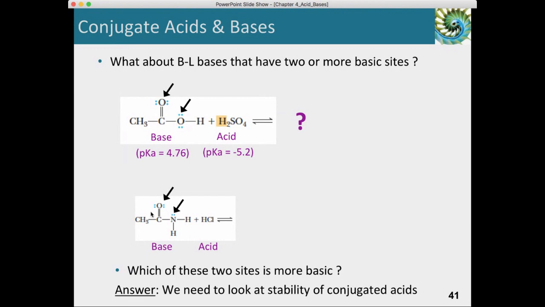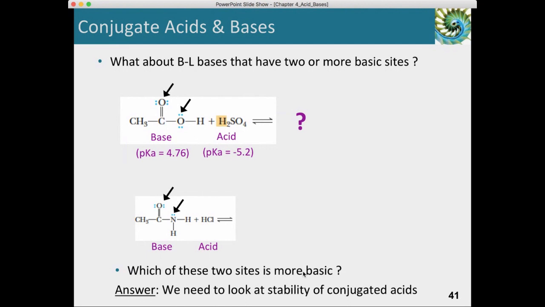In these two examples, let's focus on the first one, acetic acid and sulfuric acid. Sulfuric acid is the acid. We have two potential basic sites. Which of these two sites is more basic? The answer follows the same reasoning that we learned before.